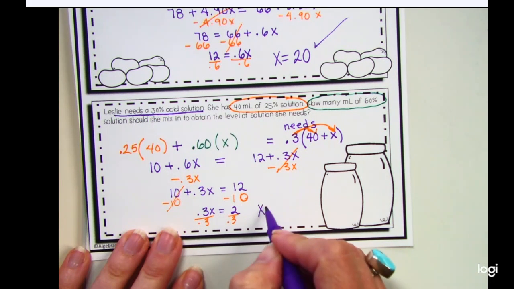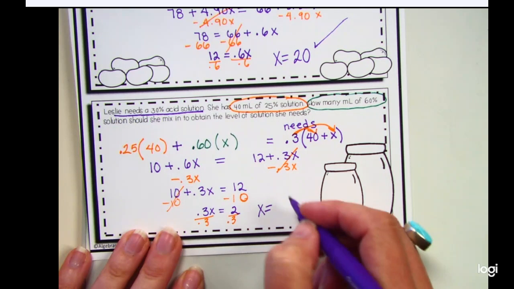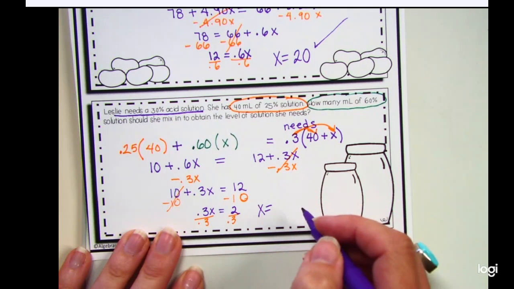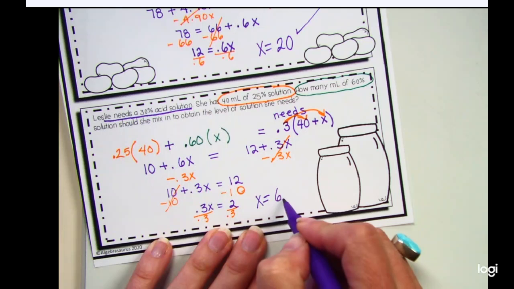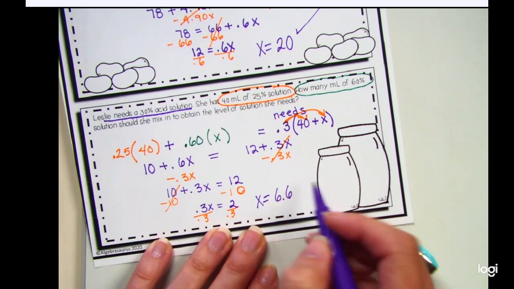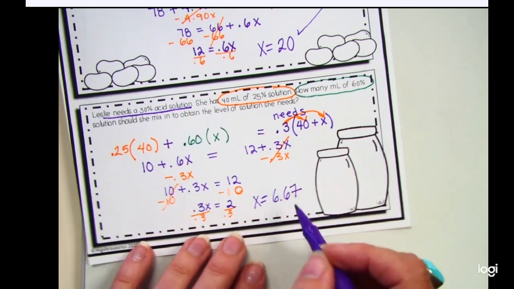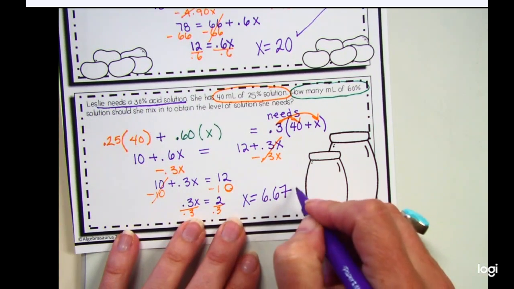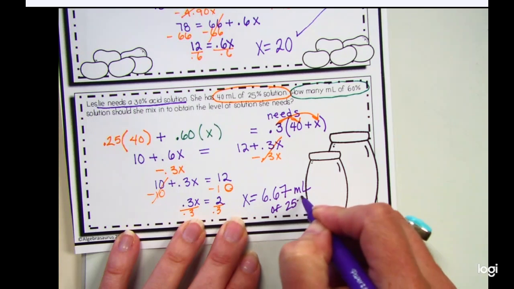I get x equals, did I do that right? 2 divided, oops, no, I lost my 0.3 that time, Tyler. That can't be right. 6.6, let's round that. So she needs 6.67 milliliters of the 25% solution.